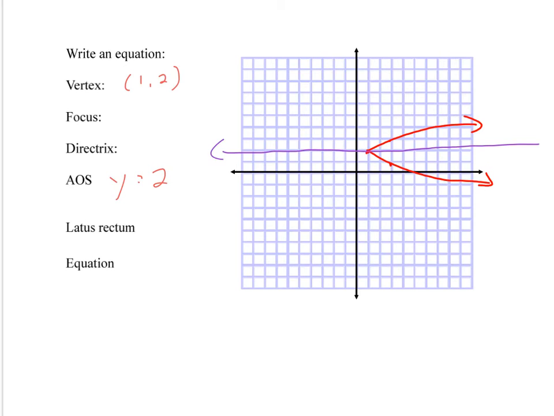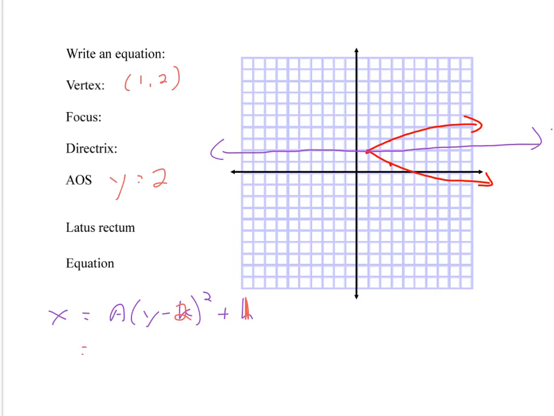Okay. And now to figure out my equation, I know I'm going to have an equation x is equal to a times y minus k squared plus h. Well, I know my vertex is at 1, 2, so k is 2, so x equals, I just put the 2 right here over the k, and h is 1.